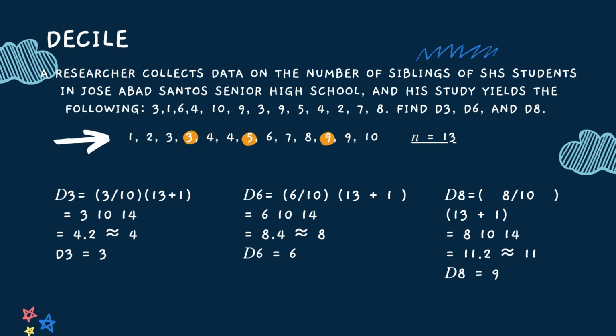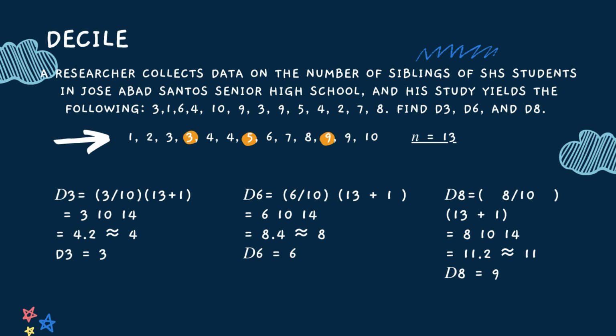Let's go ahead and find D3 first. For D3, we have the formula, and we're going to apply it. Let's put the k as 3, over 10 on our formula earlier. And then what is the n? The n is 13, plus 1.